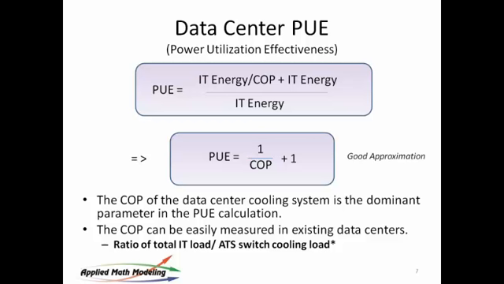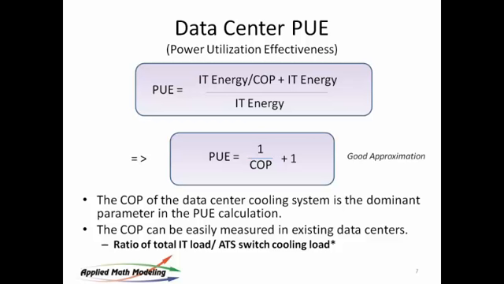Now, oftentimes you can get this information right at your transfer switch, which is what I'm talking about down here. Clearly you have the IT load, because the IT load is what's going to be switched out to the diesel generator in the case of a power failure. You can also typically find a switchover for the cooling system to back it up, because you're going to have to drive the cooling system in a failure mode anyway.